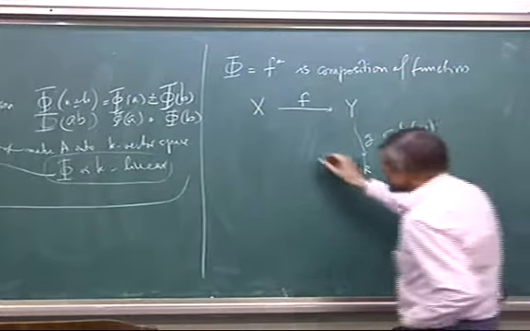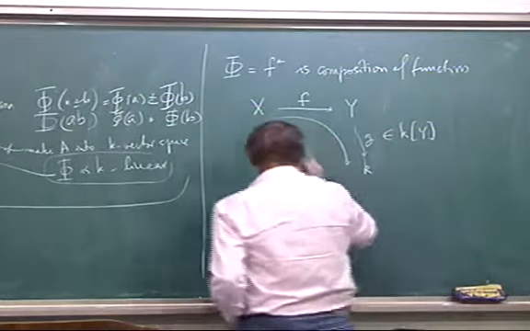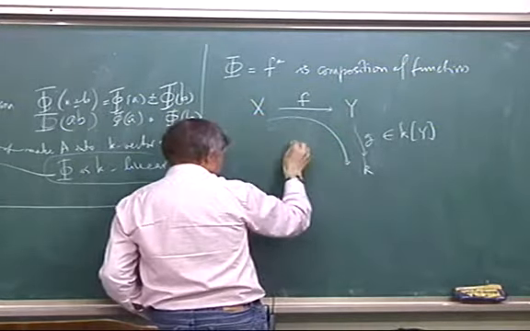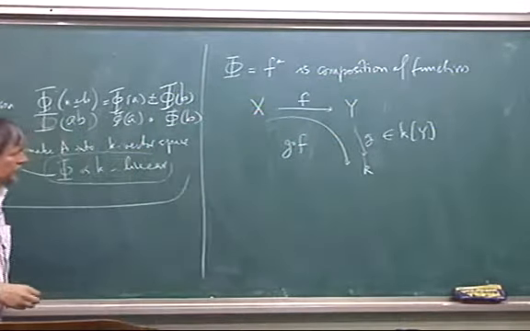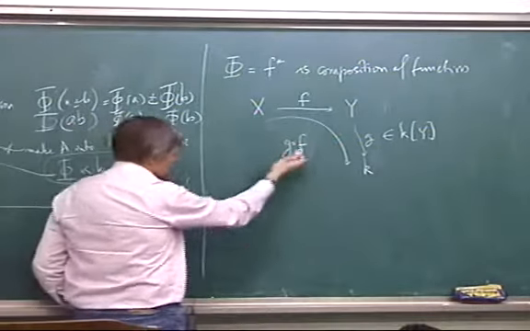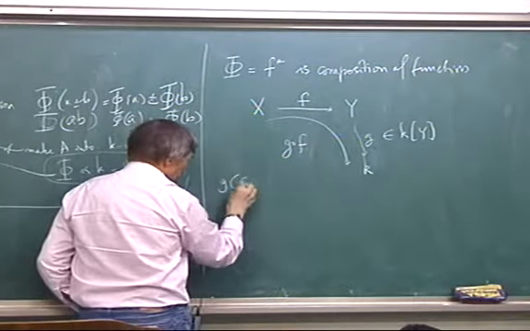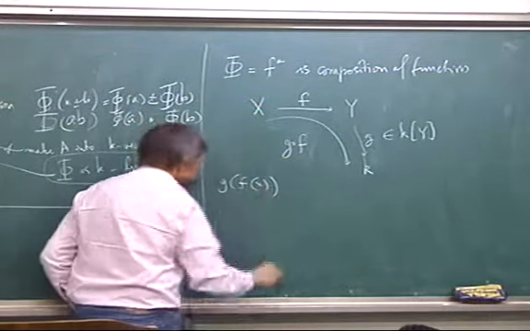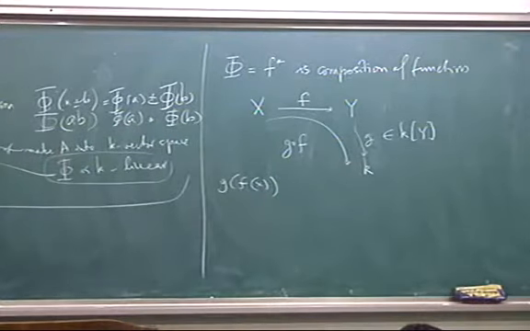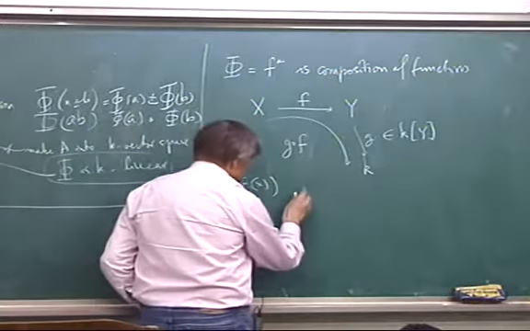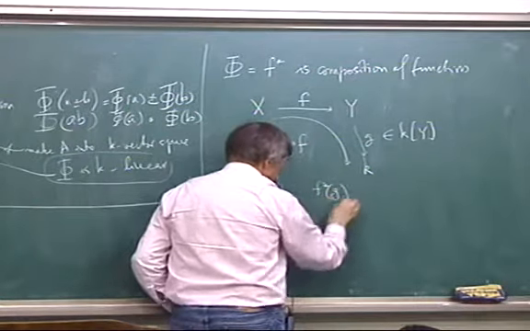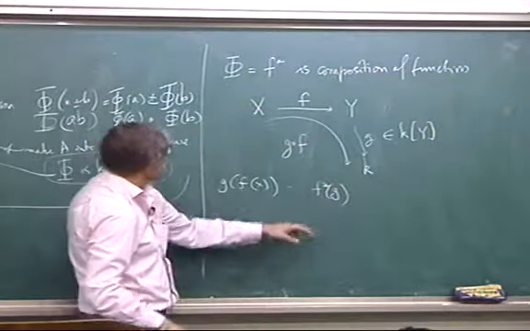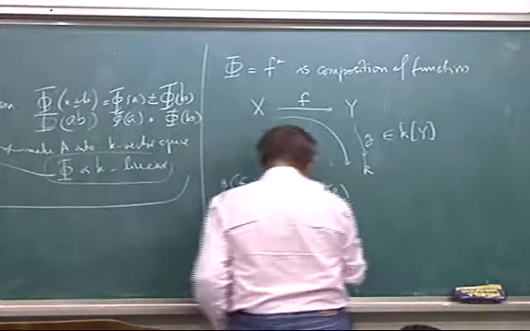I can compose. I can write G composed with F. This is the functional notation. It just means G of F of X. And I can think of this as being F upper star of G. In other words, this is phi of G.